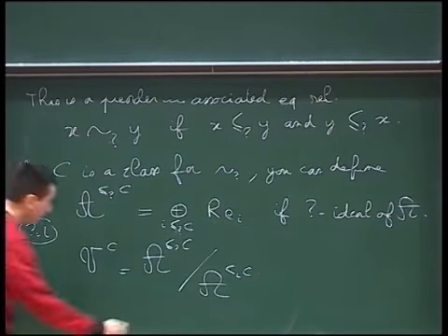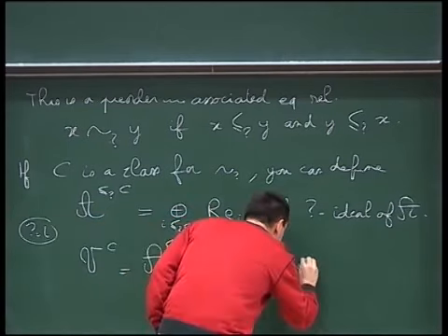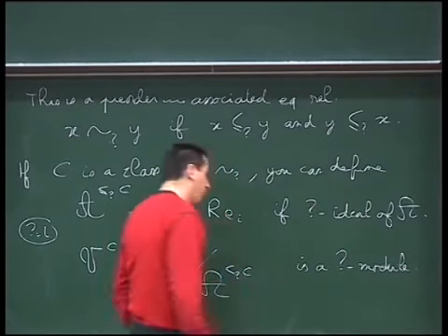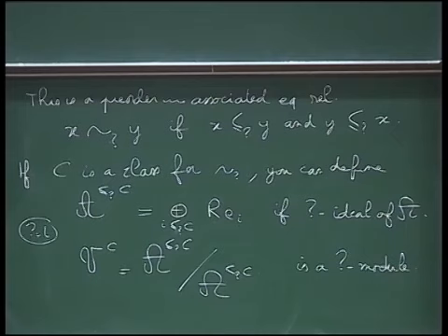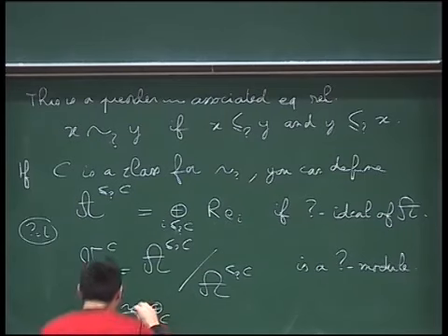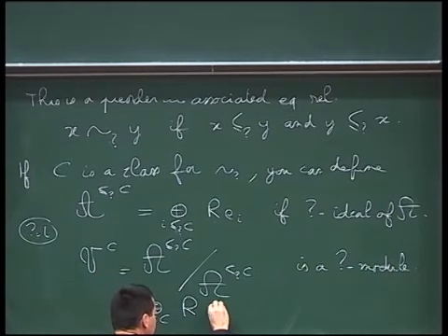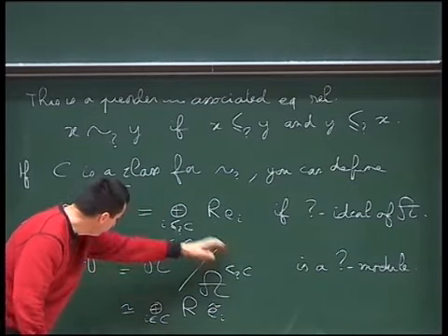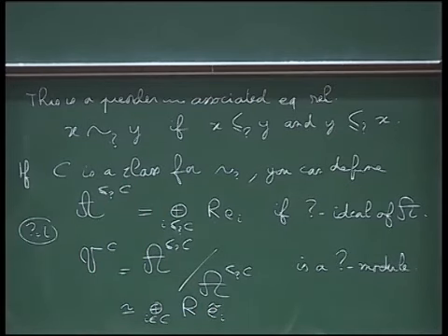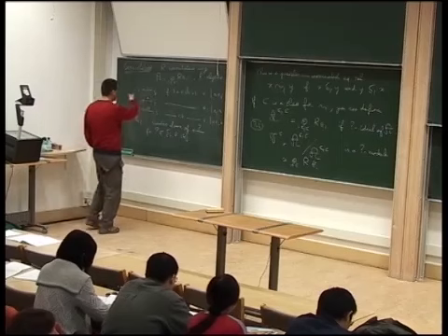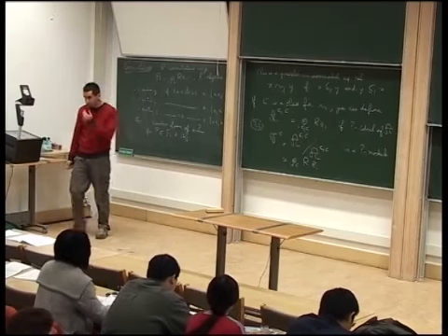And this is a left, right, or two-sided module or bimodule. And as an R-module, this is isomorphic to the direct sum over elements in this equivalence class of R, and let's call e_I tilde the image of e_I in this module. It is clear from the definition that you get some module easily by constructing these relations.